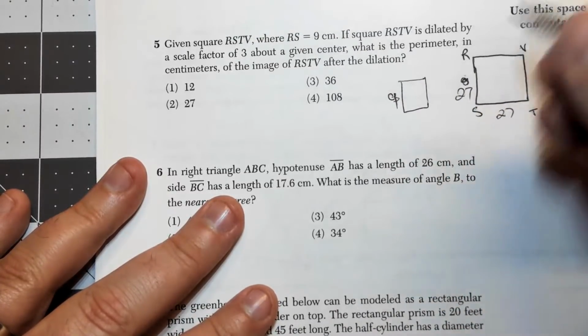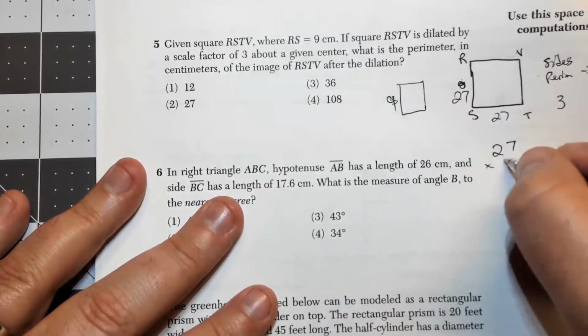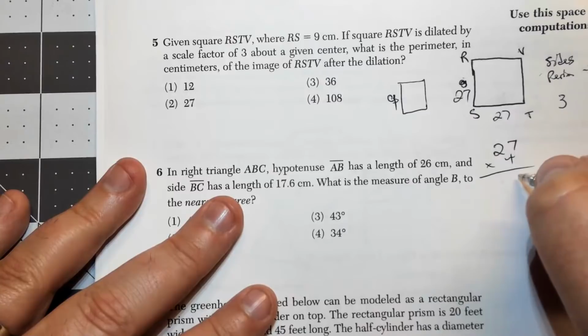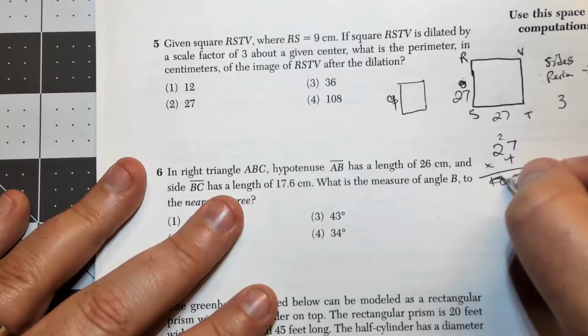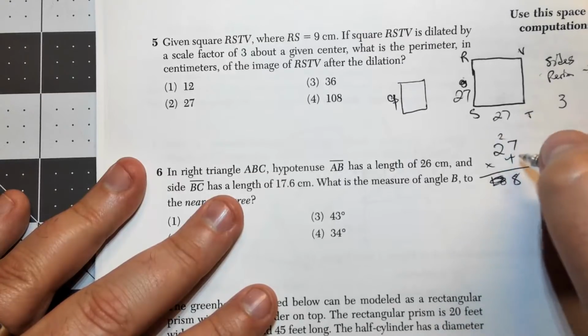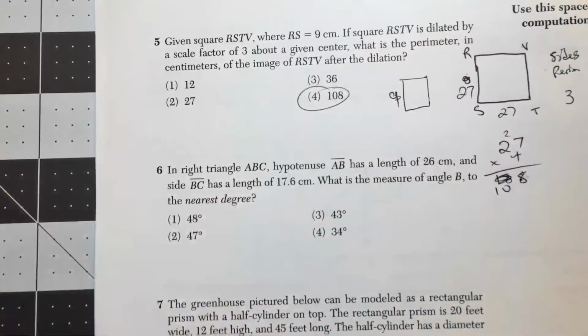So the perimeter would just be 27 times 4, all right? 7 times 4 is 28, carry the 2, 16, 18, how about 108? All right, and there we go with that one.